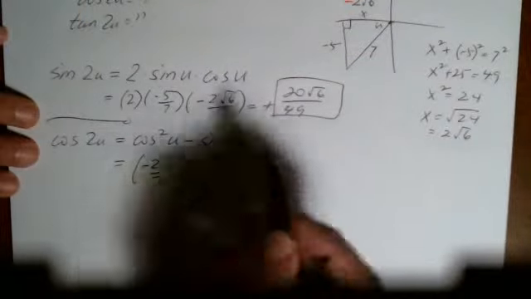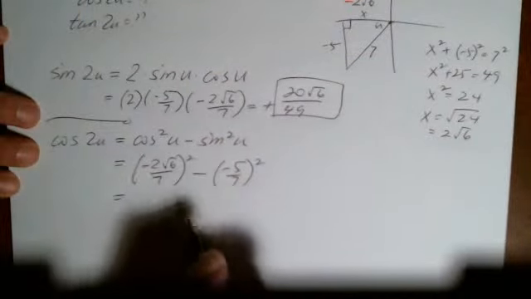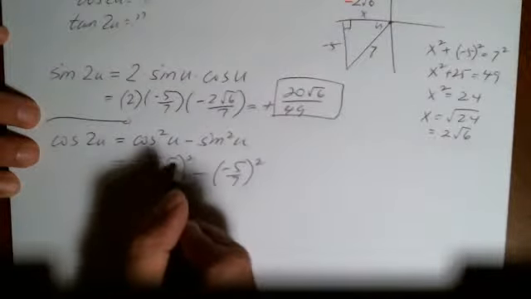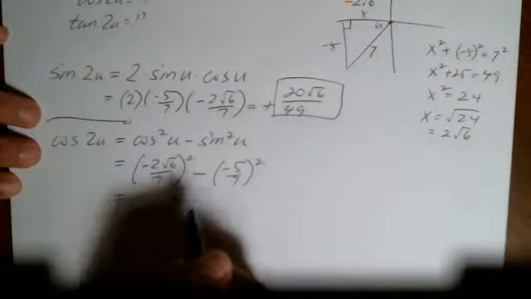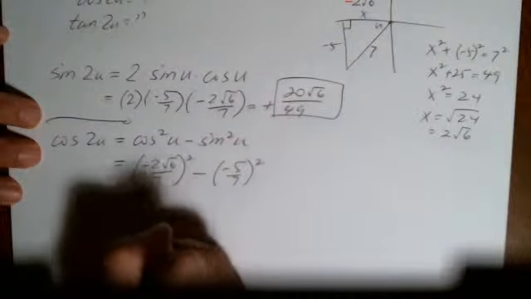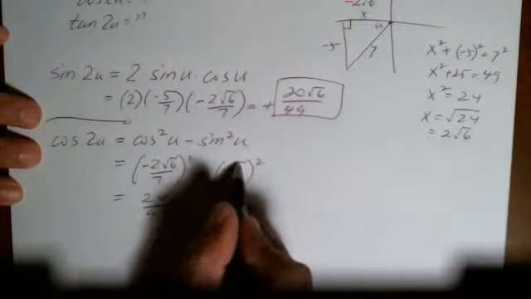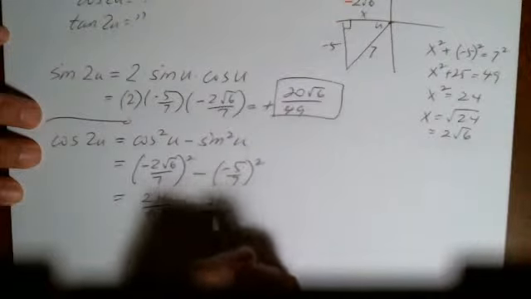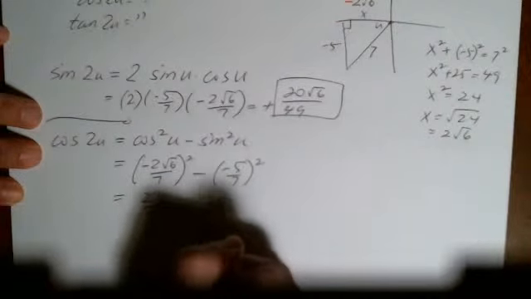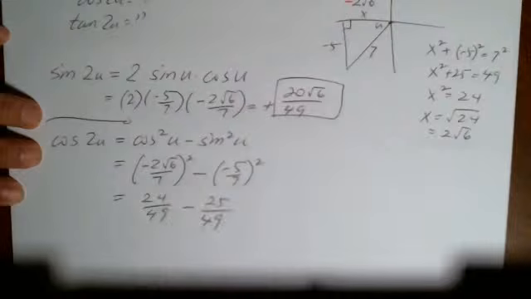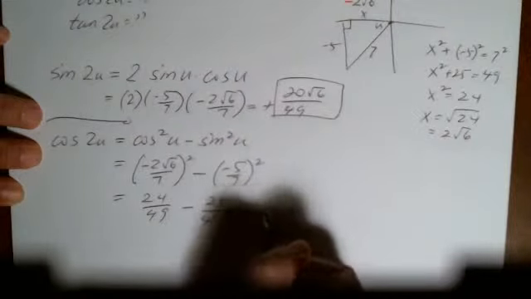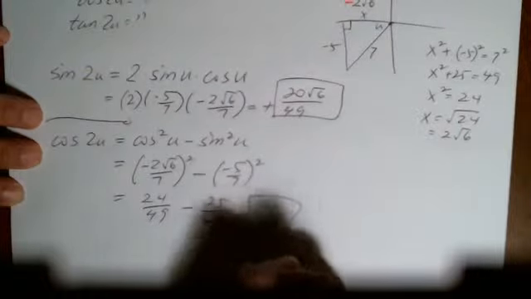That's what this means. Working that out, -2 radical 6 times -2 radical 6 is 4 times 6, which is 24 over 49, minus -5 squared, which is 25 over 49. And that's going to be equal to -1 over 49.